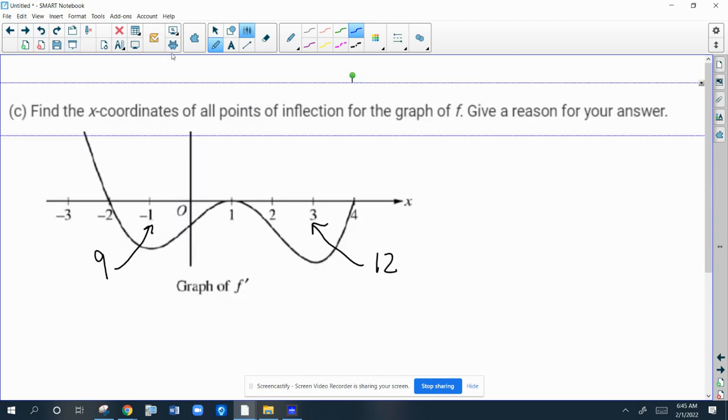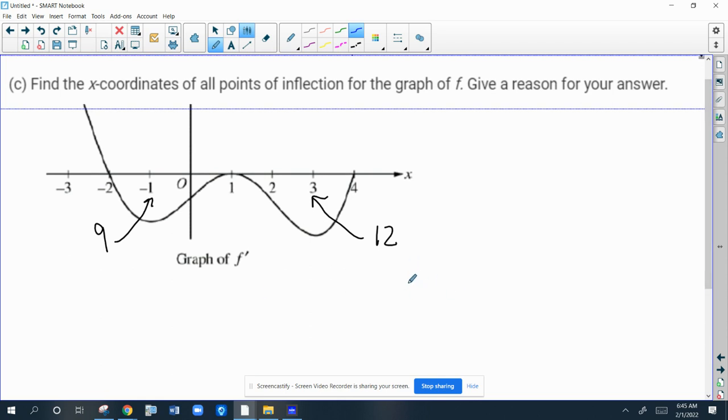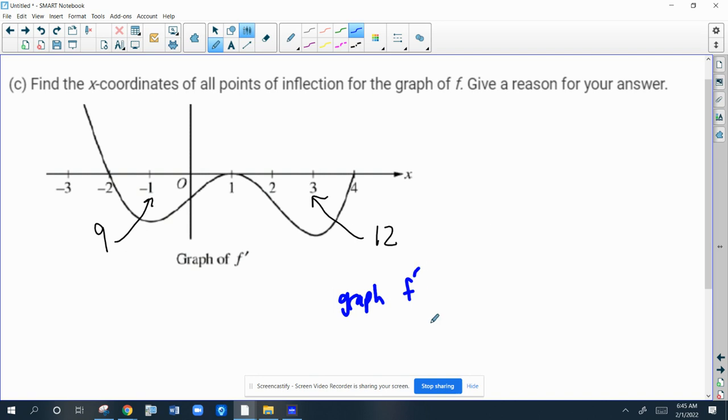Next question. Find the x-coordinates for all points of inflection. This is, again, very simple. A point of inflection happens when the concavity changes. So when it goes from concave up to concave down, since we're given the graph of f prime, that's when the graph of f prime goes from increasing to decreasing or vice versa, because that would be concave up to concave down or vice versa.